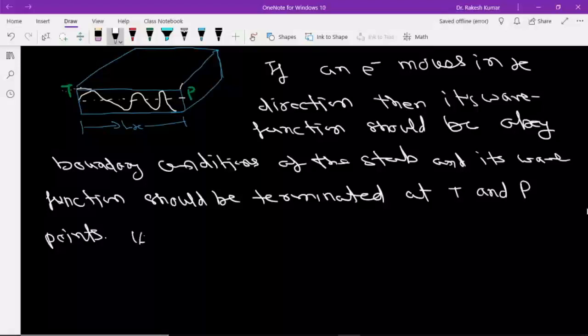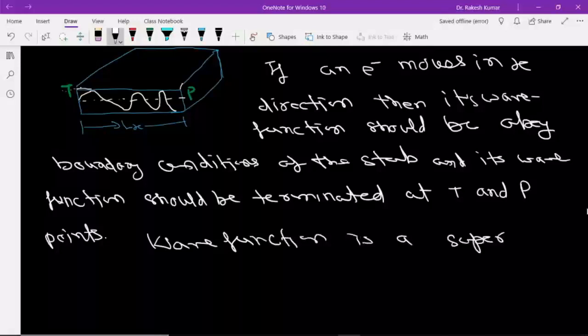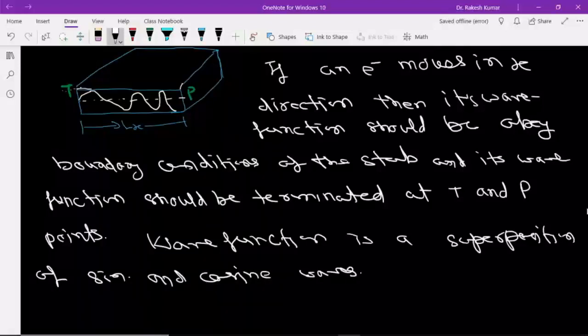So here we can write that this wave function is a superposition of sine and cosine waves. As I learned earlier, standing waves are the combination of sine and cosine waves.